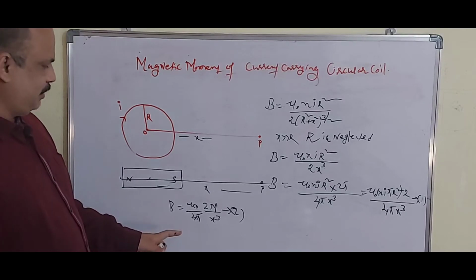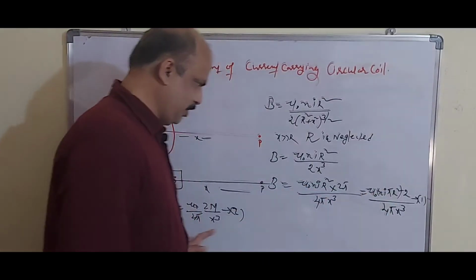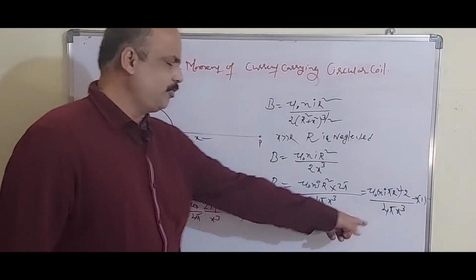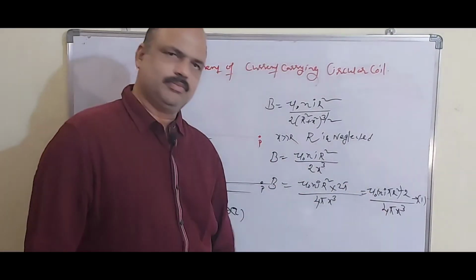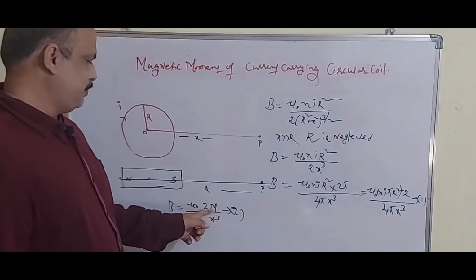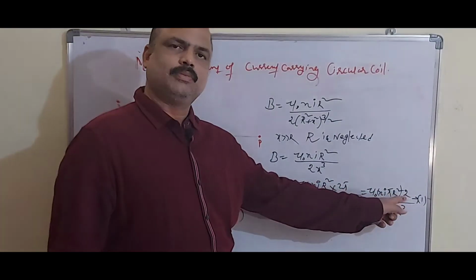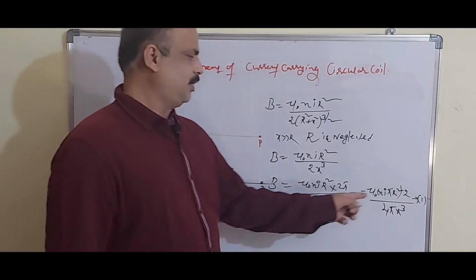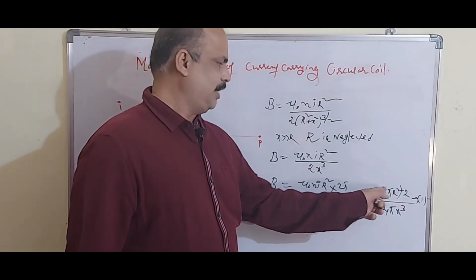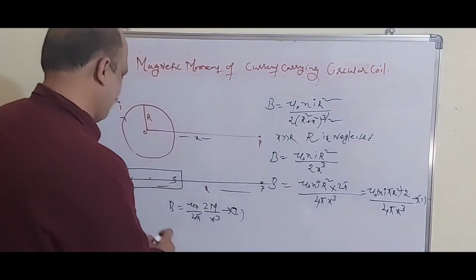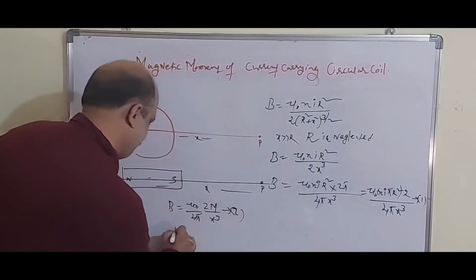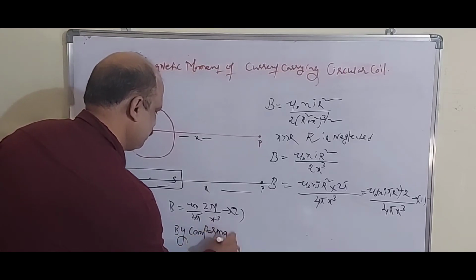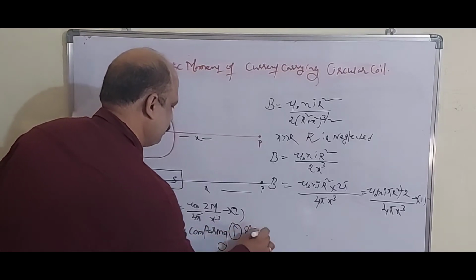So, by comparing equations 1 and 2, with μ₀/4π and x³ common and 2 in place of 2, in place of m, the magnetic moment, the term is NIπr².